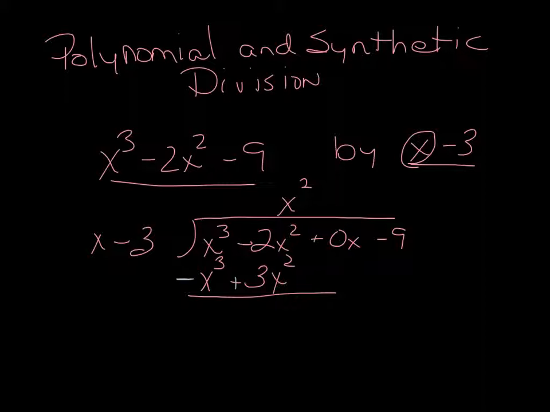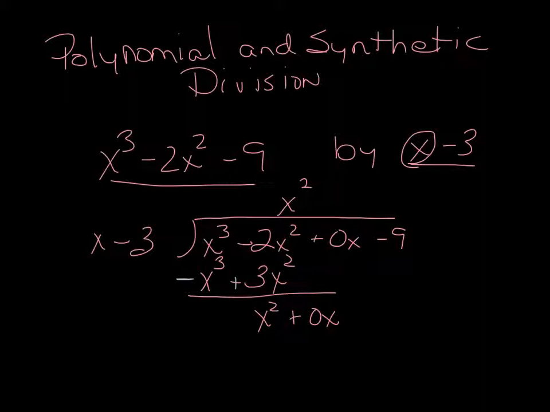I found that sometimes it's easier to use another color so you can see the sign change when you subtract. So x cubed minus x cubed is 0. That term should always cancel out if you did it correctly. Now, minus 2x squared plus 3x squared gives me x squared plus 0x. Have to hold that place.